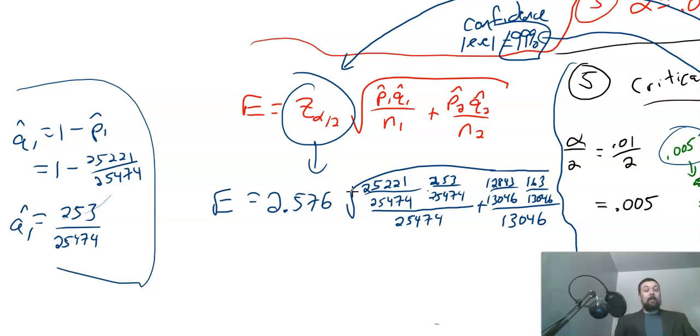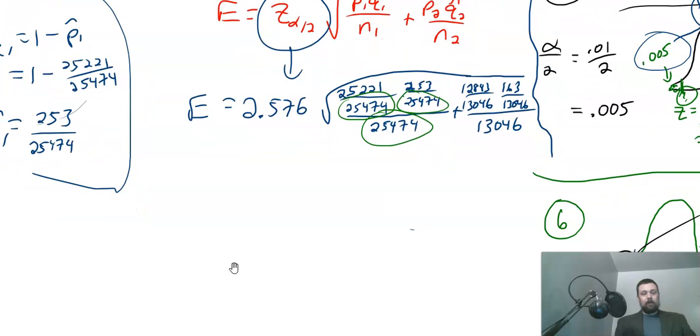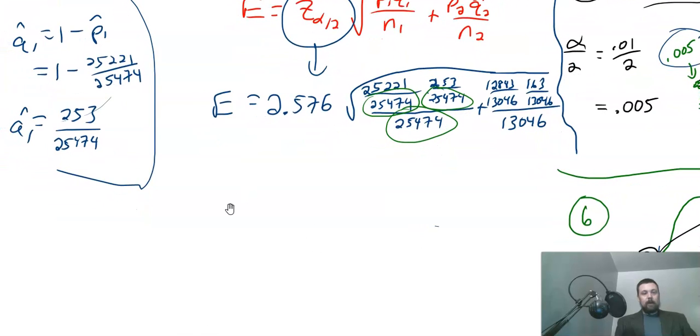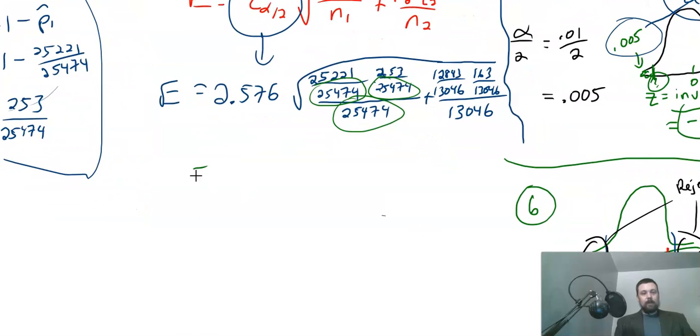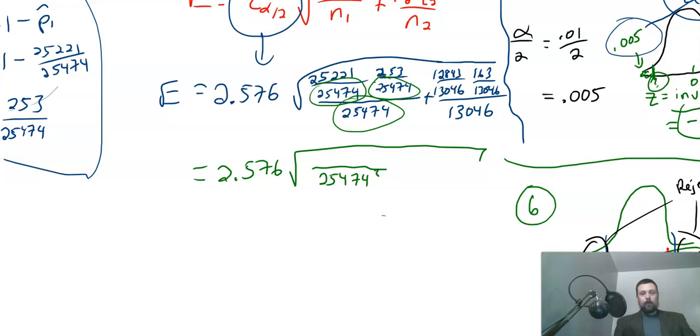Again, I like to rewrite this where these three numbers are together, raised to the third power. Just makes it easier to type into my calculator. So here's what I'm typing into my calculator. Whoops, that's supposed to be an equal sign. Equals 2.576 over the square root of 25474 to the third power.